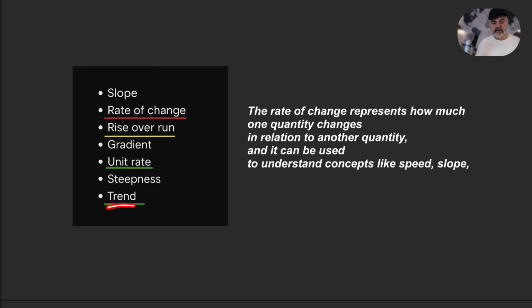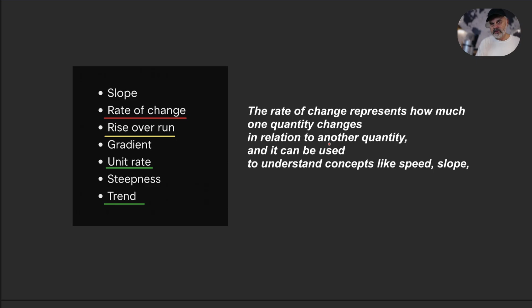The trend in statistics: you can build a line that shows a specific trend. So you can say the rate of change is constant, it's linear, because we're talking about linear functions in that context. The rate of change represents how much one quantity changes in relation to a second quantity. So you're building a ratio.